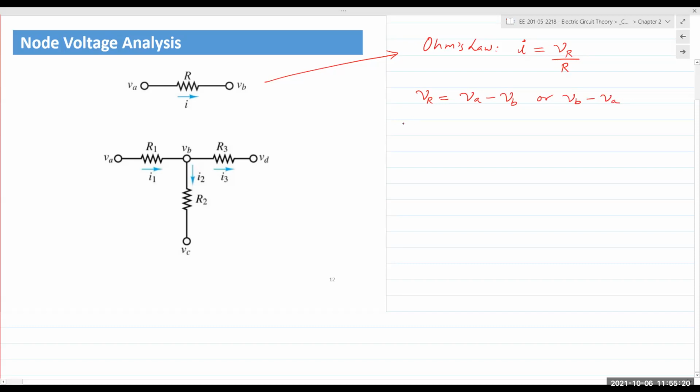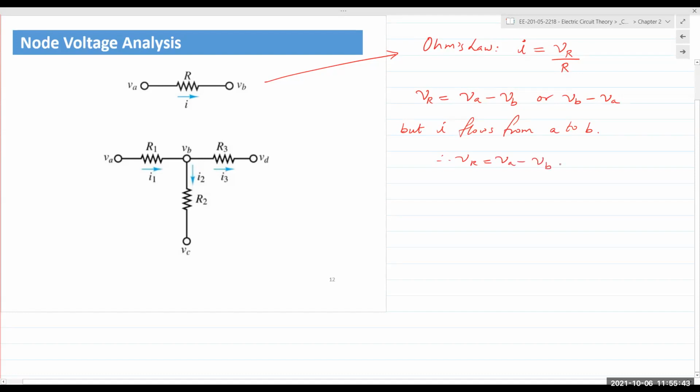But current direction is given to us. I is flowing from A to B. And if I is flowing from A to B, then VR is VA minus VB.